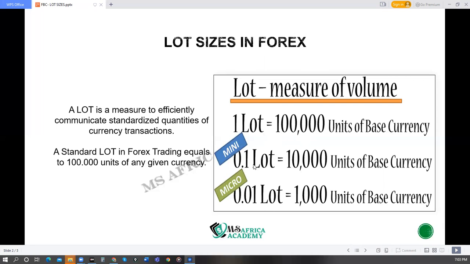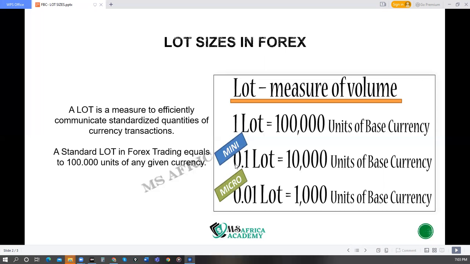If you are trading a mini lot and you are quoting 0.1, you are trading a mini lot, right? Brokers have different names for the account. It could still be a standard account, but the trade that you're taking is a mini lot trade, all right? So the lot size you're quoting is 0.1, 0.5, 0.35, that's still mini lot.